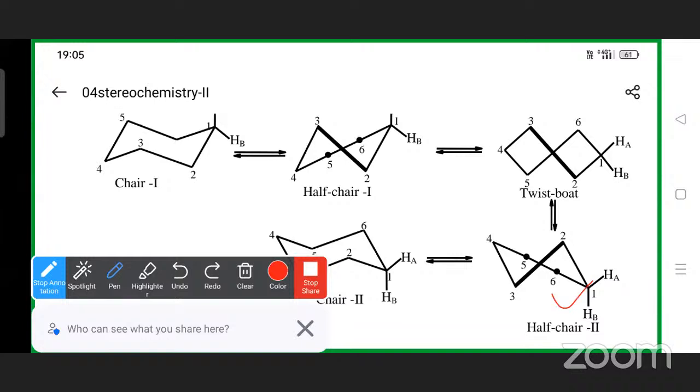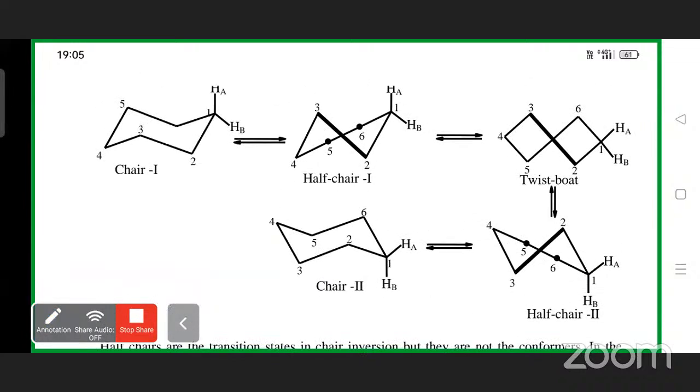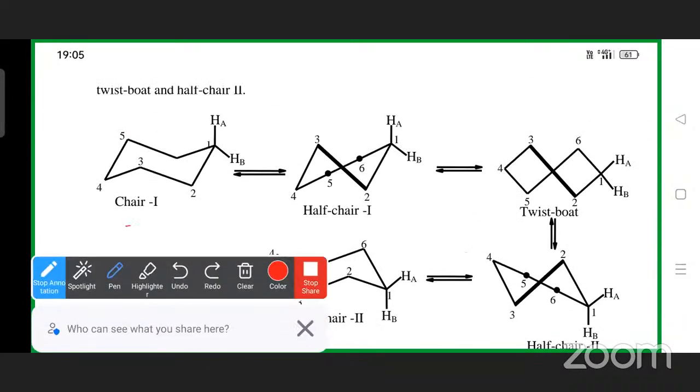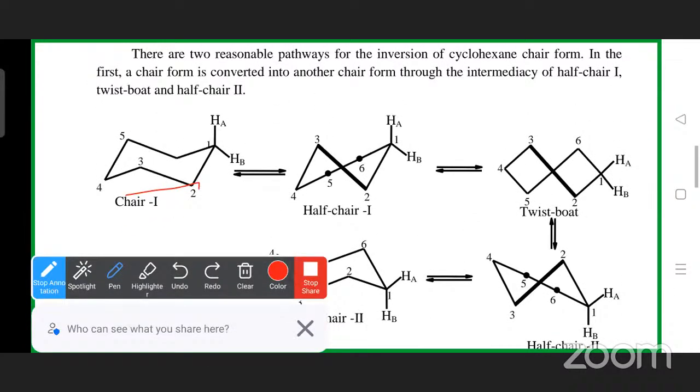In all these cases you can see the changing of the position of these carbons, and finally we get the chair conformation 2. Here, chair conformation 1 converts into chair conformation 2 via the formation of the half chair, twist boat and half chair 2.